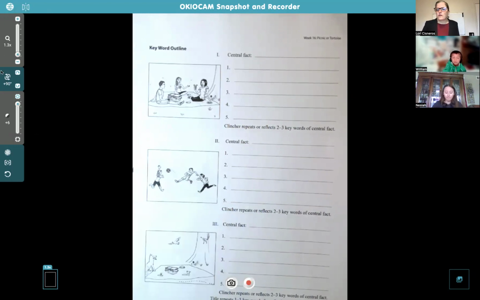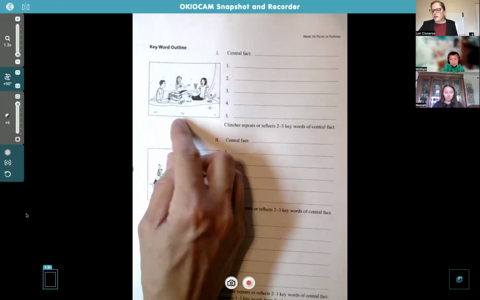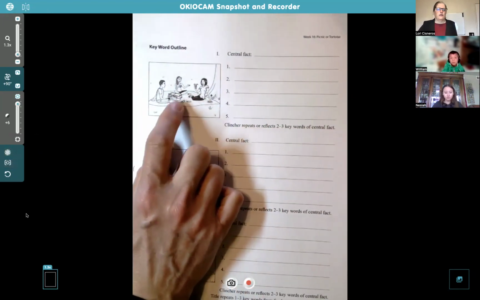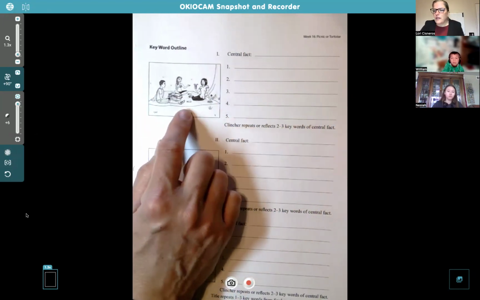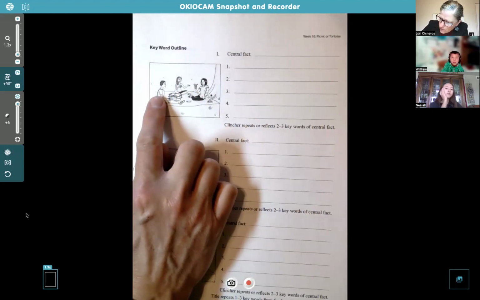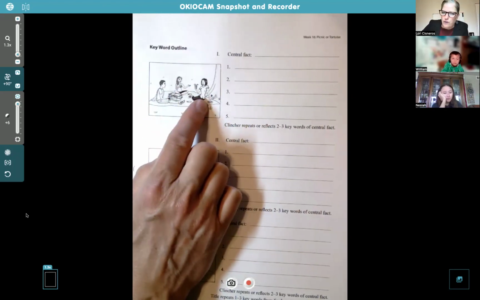They're having a picnic. Okay, that's true, but who's they? There's a boy and it looks like two girls, right? That's literally what we see here.